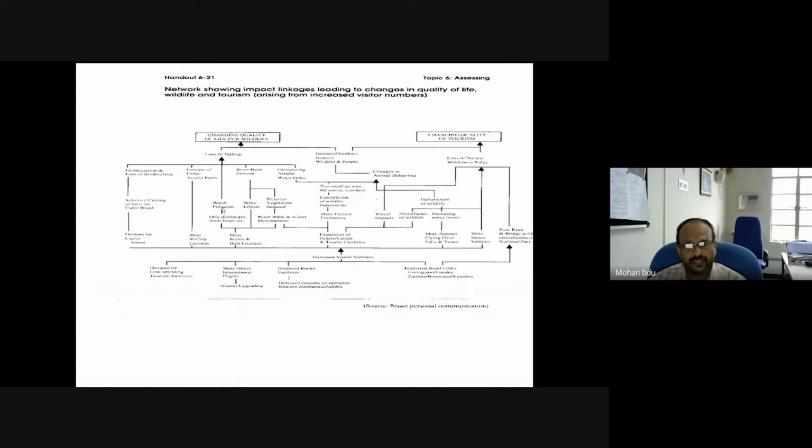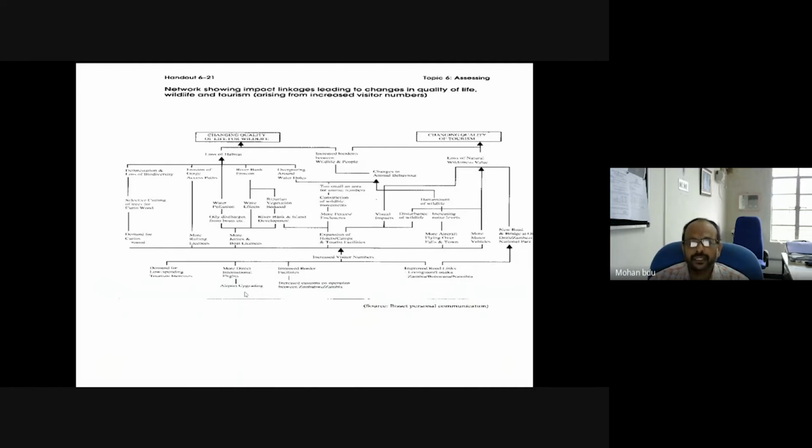Whereas in the network diagram, more information is generated. For example, you can see water pollution, oily discharges from the boats, and then from the boat jetties. Like that, the secondary and tertiary impacts are also addressed in the network linkages. So this has much more of an upper edge over the matrix method.